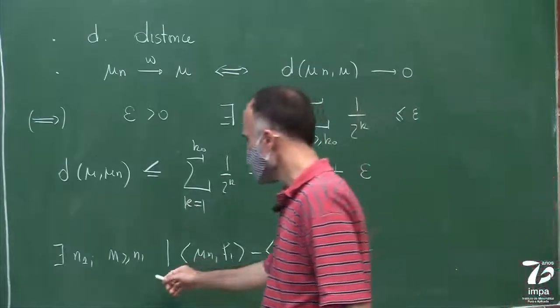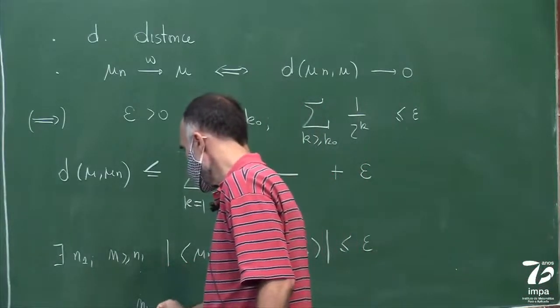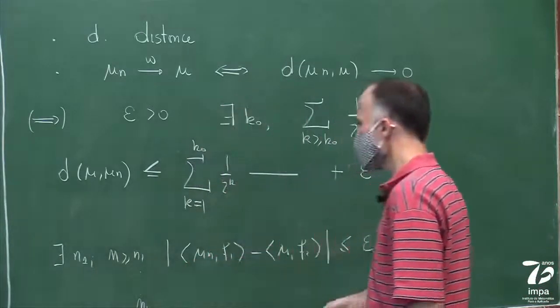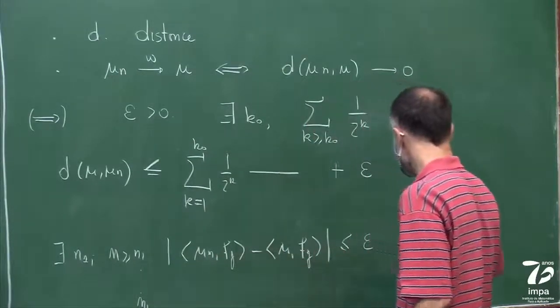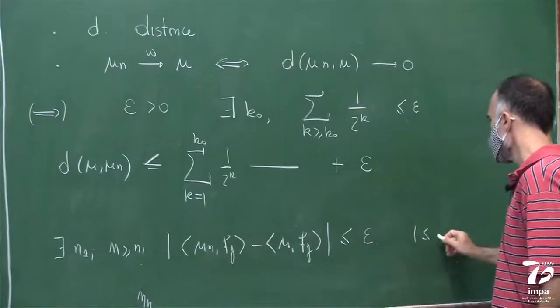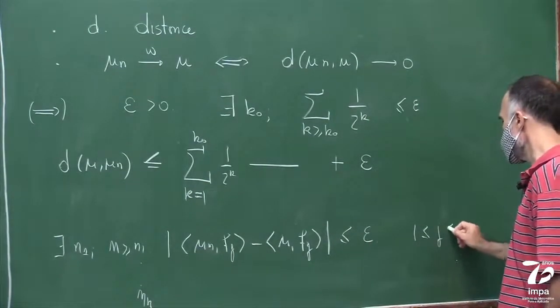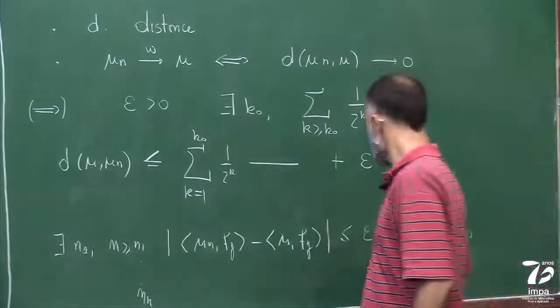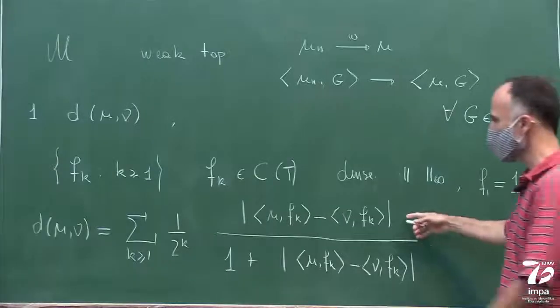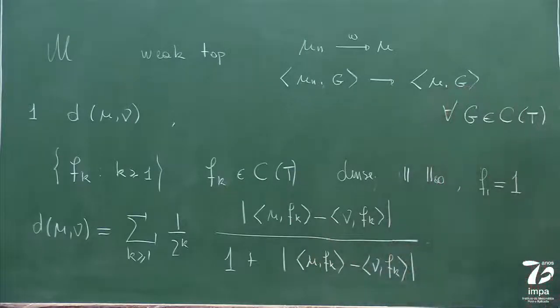And you do that for n1 up to n_k0. You take the maximum. So for n larger than the maximum, what you know is that these differences are bounded by epsilon for all j between 1 and k naught. Okay? And so since this is always bounded by epsilon, this means that this ratio is also bounded by epsilon.